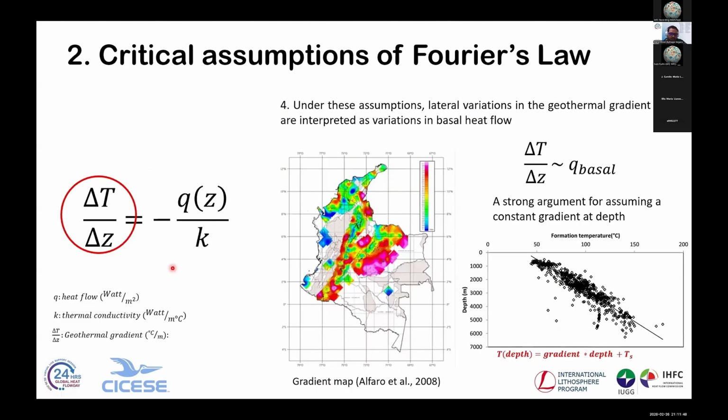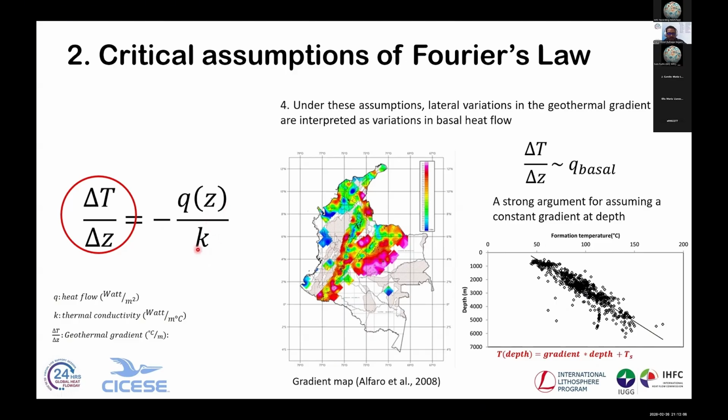And just let me rewrite the Fourier law equation in this way. In this case, geothermal gradient can be seen as a function of heat flow and thermal conductivity.